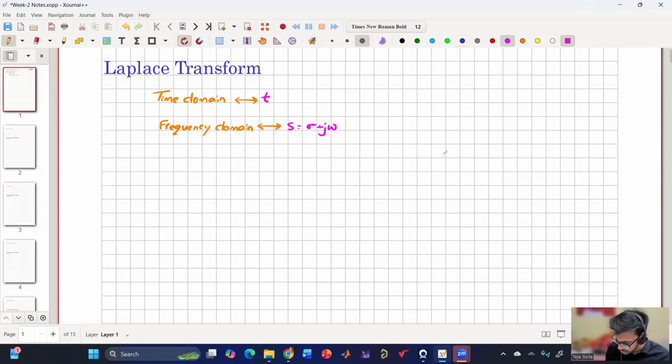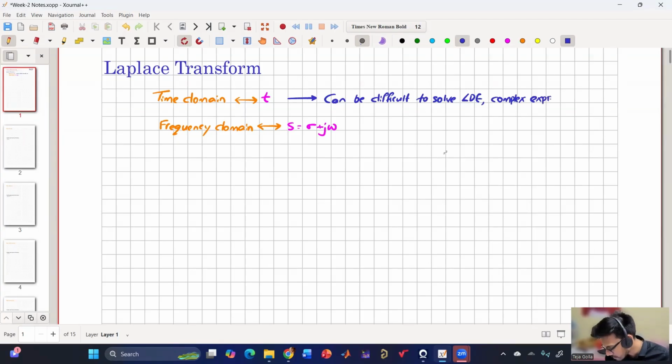So both of them have their advantages and disadvantages, but whenever it comes to solving the problems, time domain can be difficult to solve linear differential equations. Also, it becomes very complex expressions when you deal with the time domain.